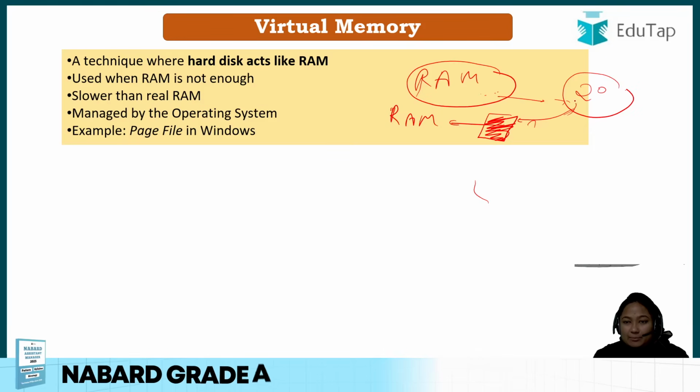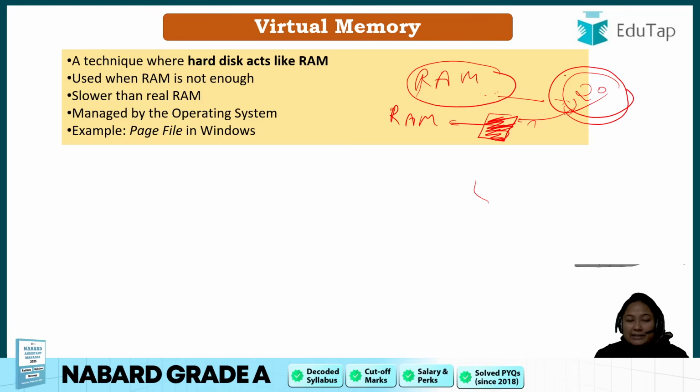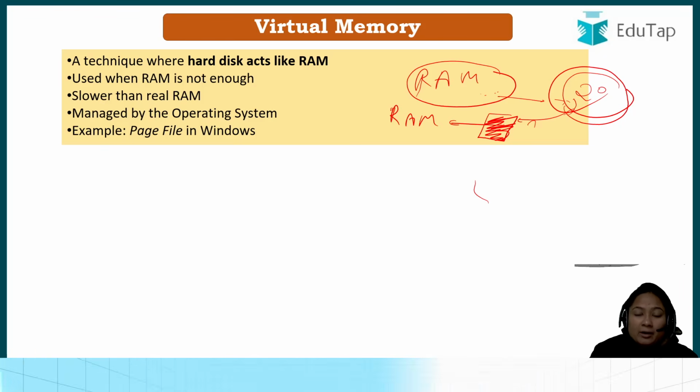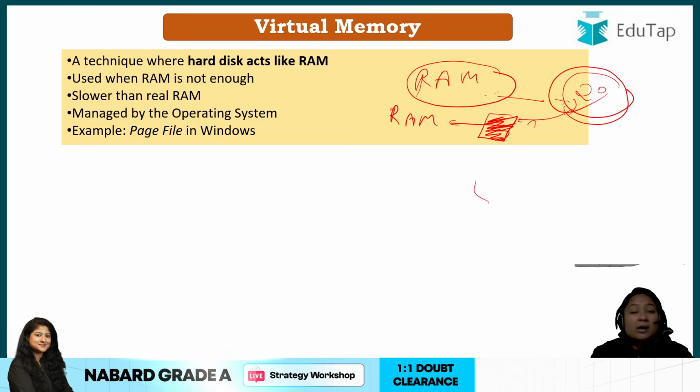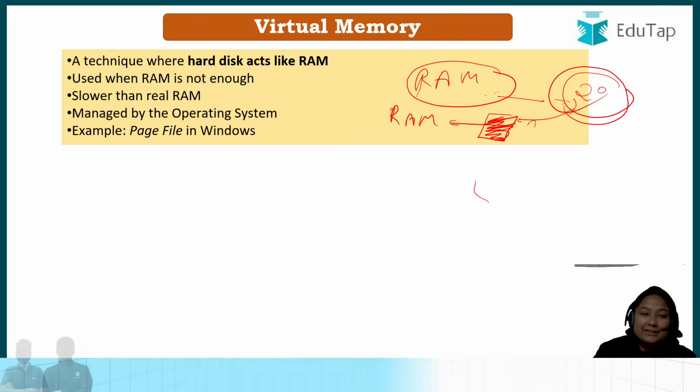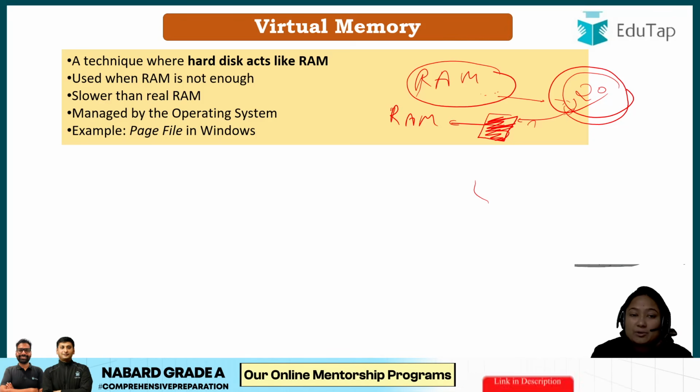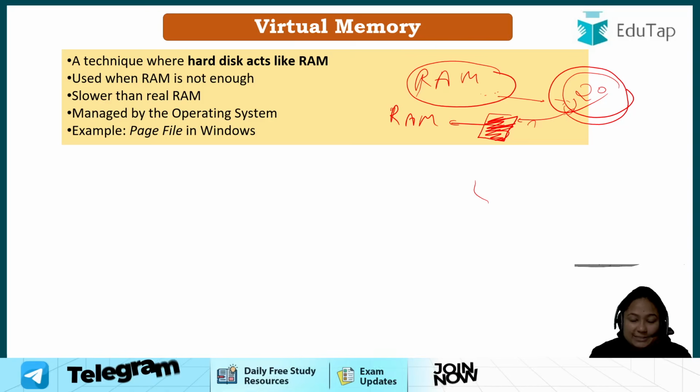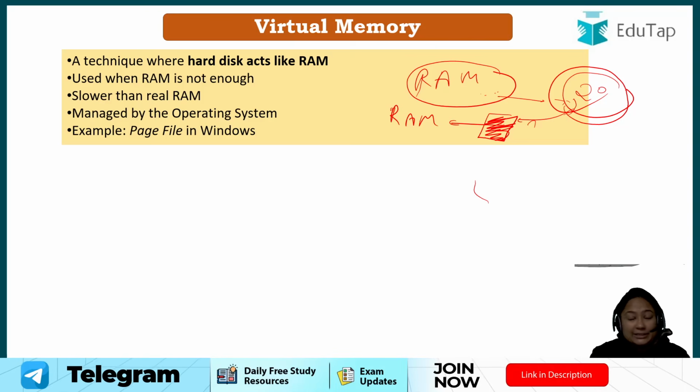This is called virtual memory. It will exist only when we don't have enough RAM, otherwise it will not exist. It is slower than the actual RAM, and it is managed by the operating system. Only these points you need to remember. Only in the case where we don't have RAM, some part of our hard disk acts as RAM. Okay. This is virtual memory.